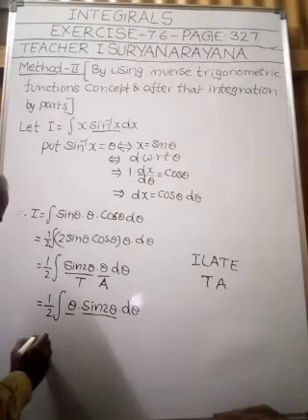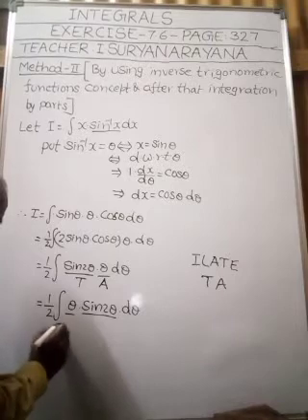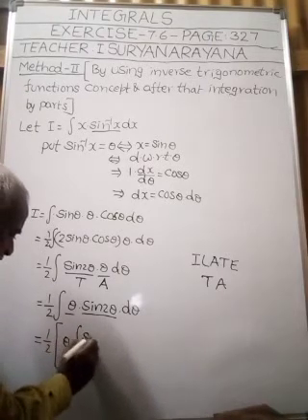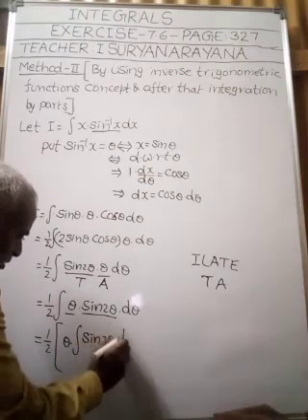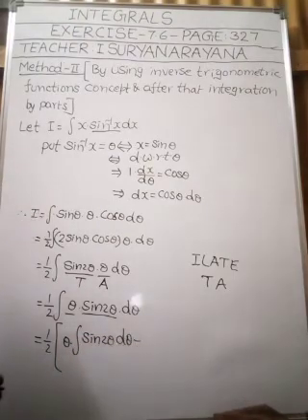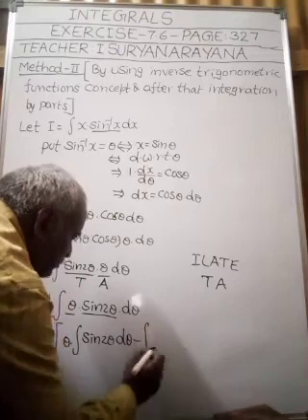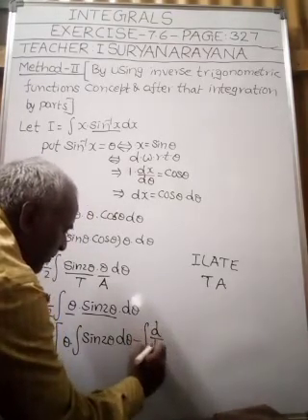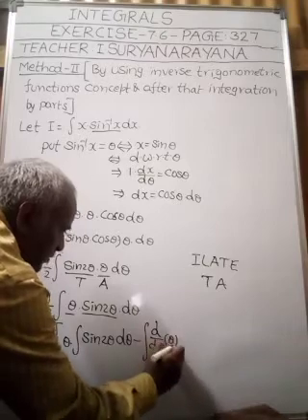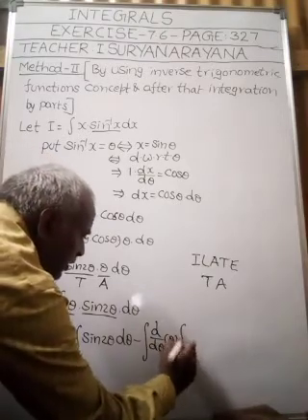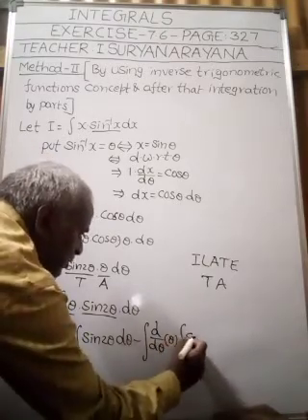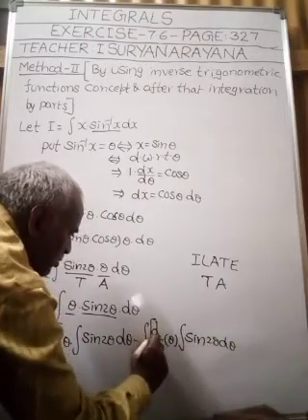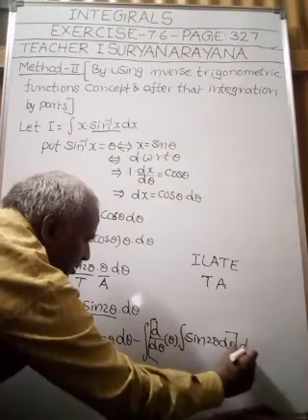Okay, my children. So 1 by 2 into first function into integral of second function, minus integral d by dx of, means d by d theta of theta, into integral of second function whole, d theta.